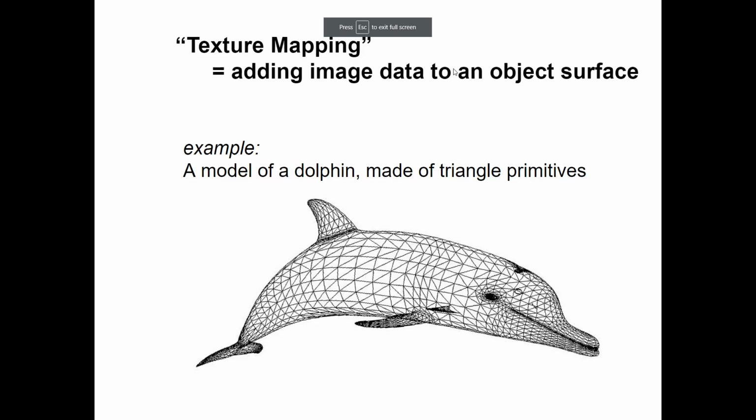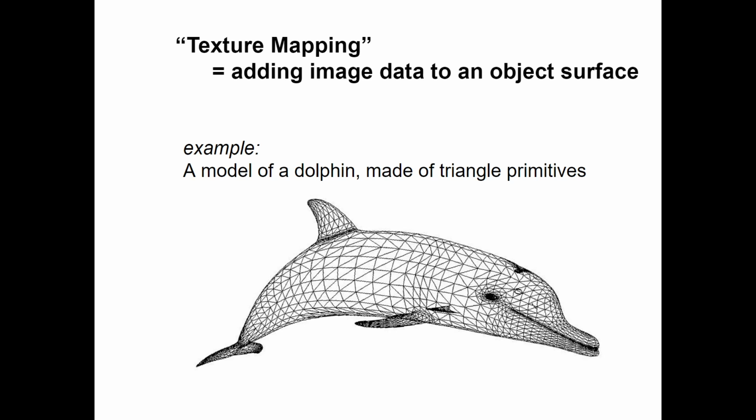So texture mapping, we've seen a little bit of it now, kind of hinted at that. Adding image data to the object surface, that's sort of the most basic. That's what we think of as decaling. I don't know, some people, I think in England, you refer to it differently. But the basic idea, after we went after colored polygons, it was like, okay, how do we make something look more realistic?